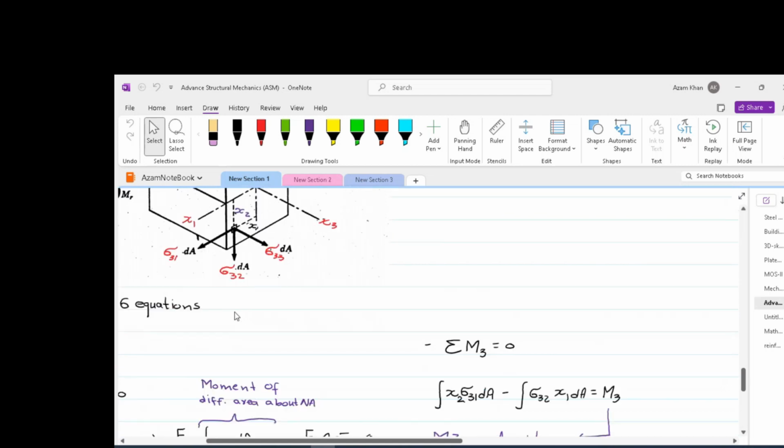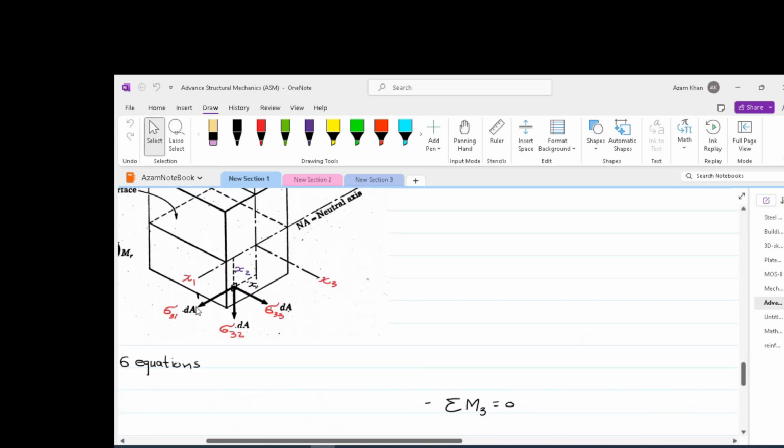So we take stress 3-1 times dA, which is the force, times the lever arm, which is x2, and subtract that from sigma 32 dA, the force, times x1. This is because sigma 31 dA is causing a clockwise moment, whereas sigma 32 dA is causing a counterclockwise moment.